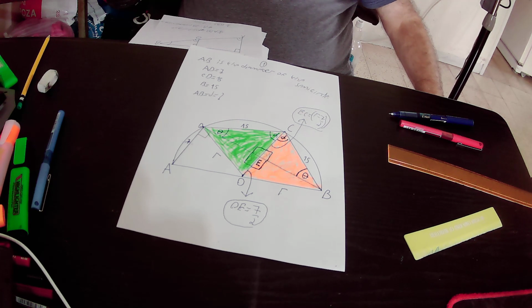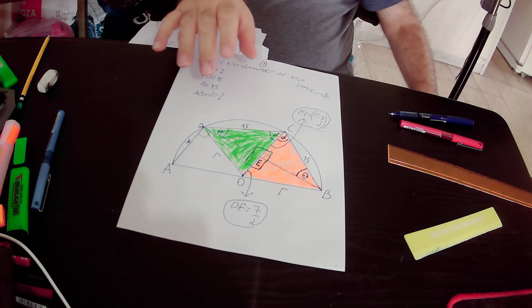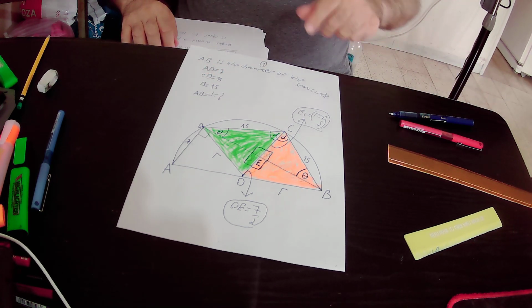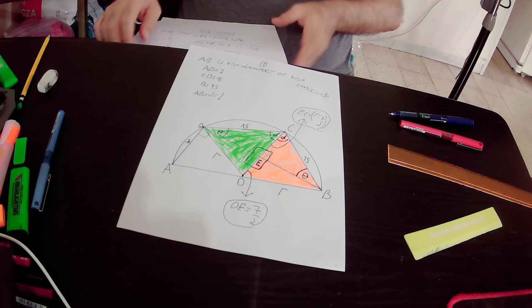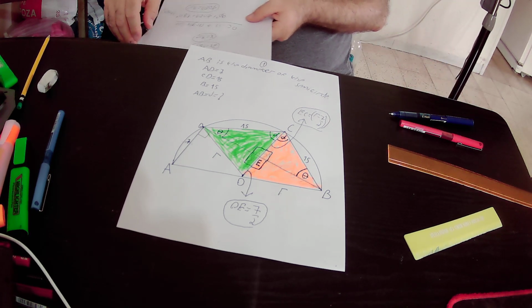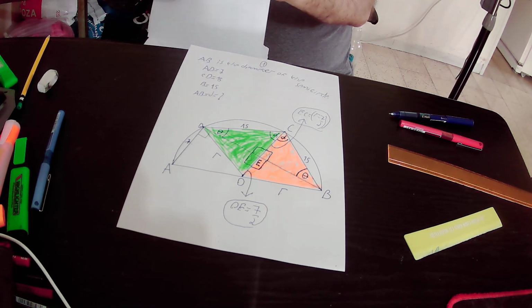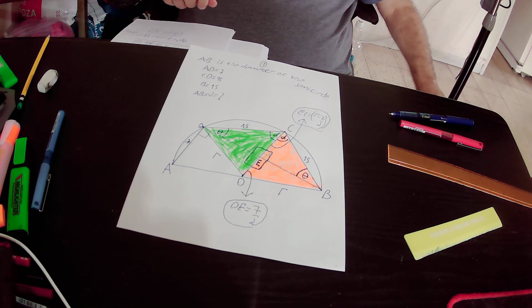We also know that chord AD equals 7 units, chord DC equals 15 units, and chord CB equals also 15 units, and we want to find out the size of AB, or the value of the diameter of this semicircle.